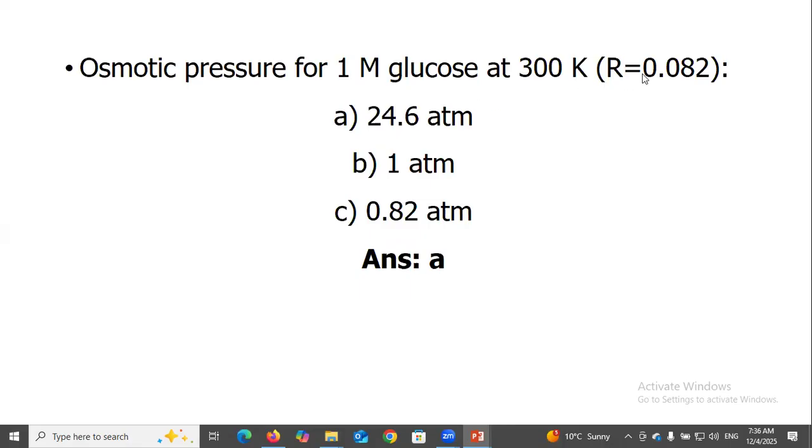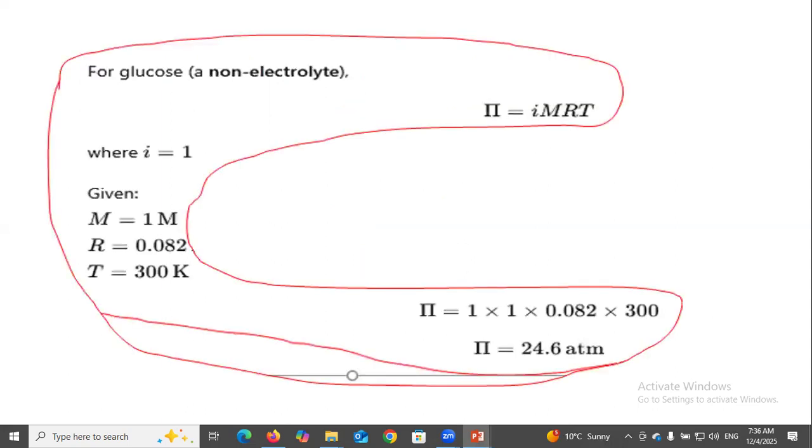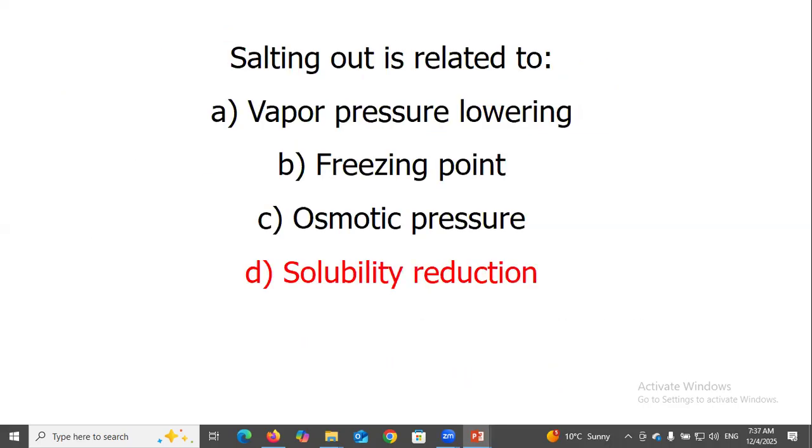Osmotic pressure for 1 molar glucose at 300 Kelvin is 24.6. So you can calculate phi equal to... Salting out is related to vapor pressure lowering, freezing point, osmotic pressure, solubility reduction.